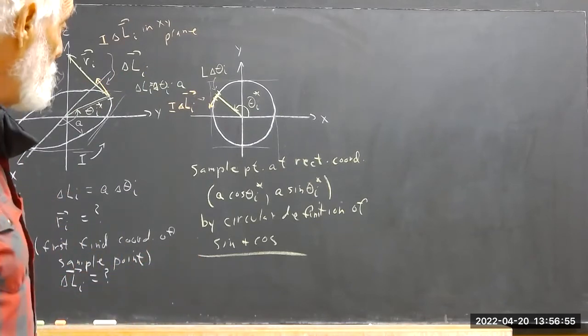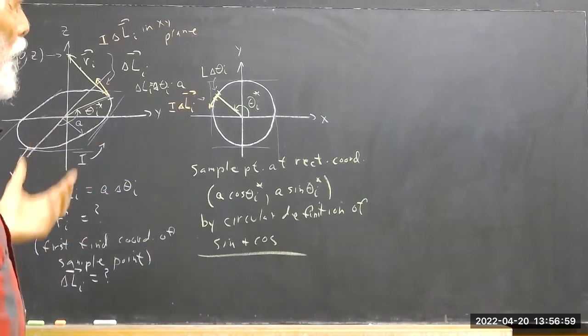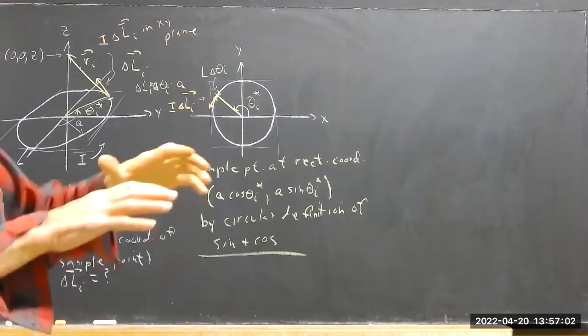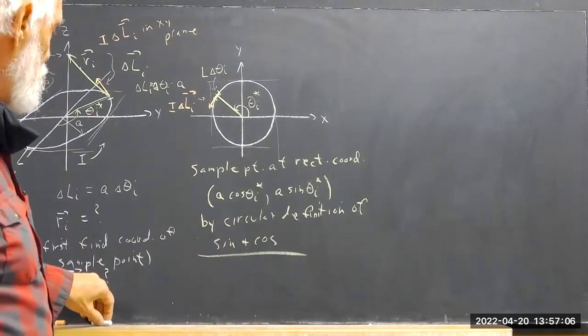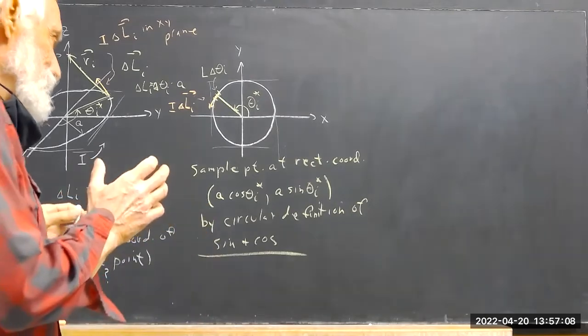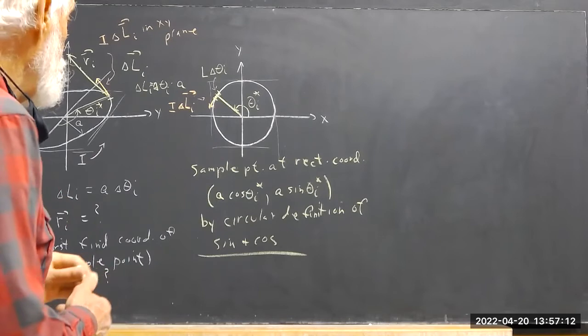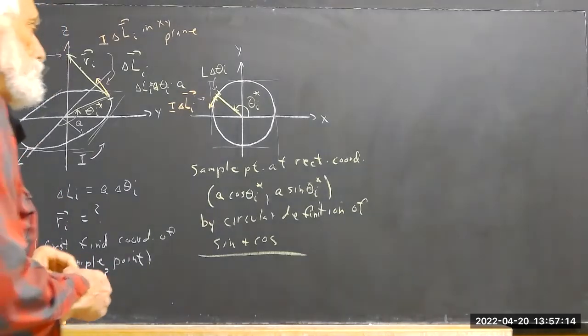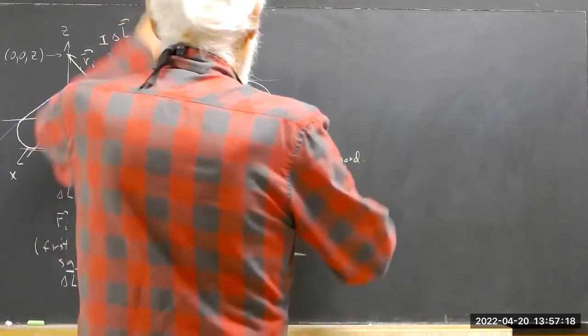So it's either going to be your delta L or your I delta L times the negative sine, cosine, or times the sine, negative cosine. Okay. Now, which is it?